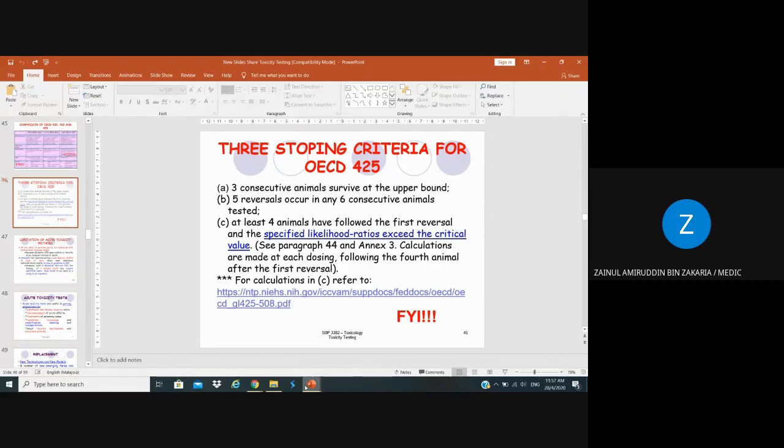Okay, so if you Google in the internet, you type acute toxicity testing, normally people will not use the OECD 425. It's complicated.